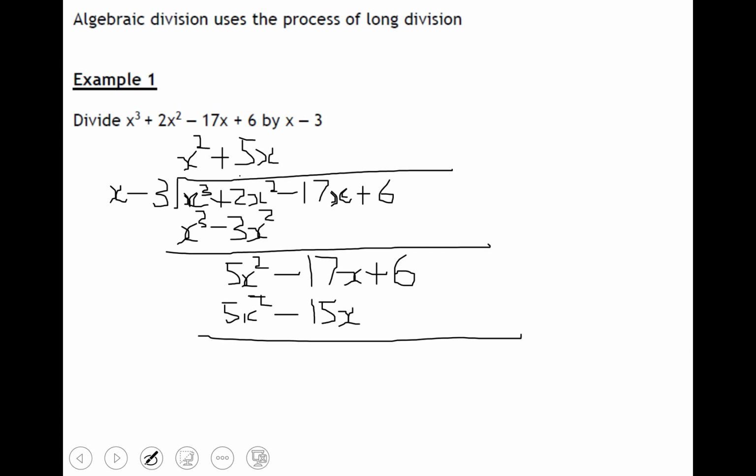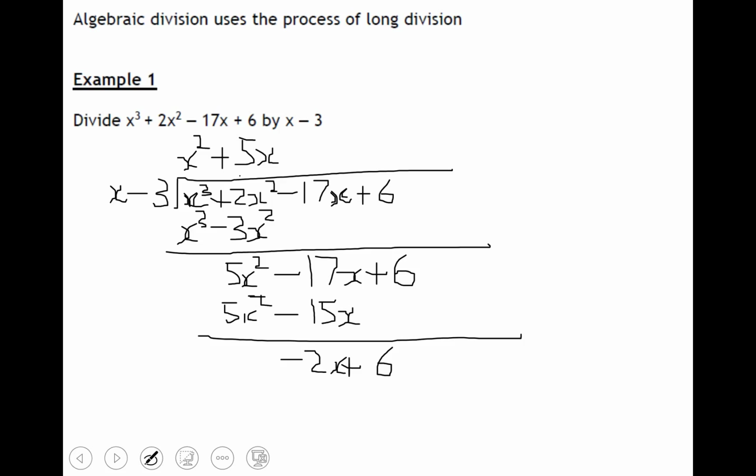We then subtract again, because we've got another chunk of the original function. So 5x squared minus 5x squared cancels. Minus 17x minus minus 15x, double minus again, means we add. So we end up with minus 2x plus 6.